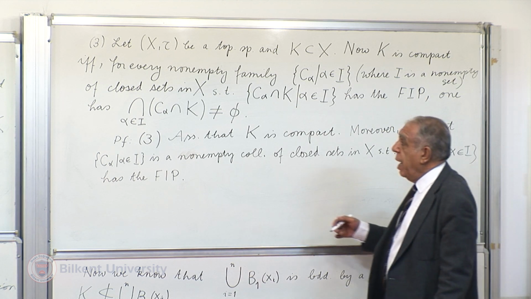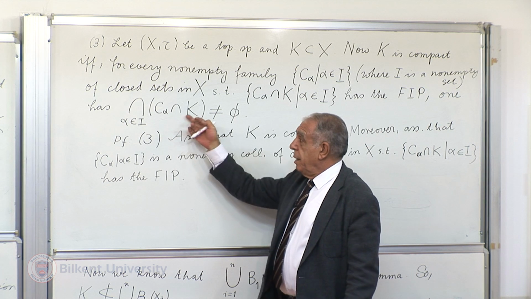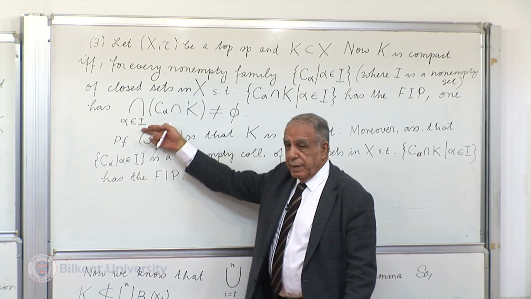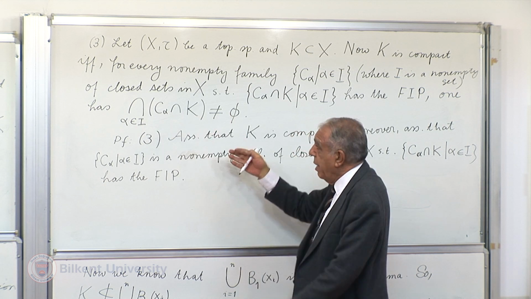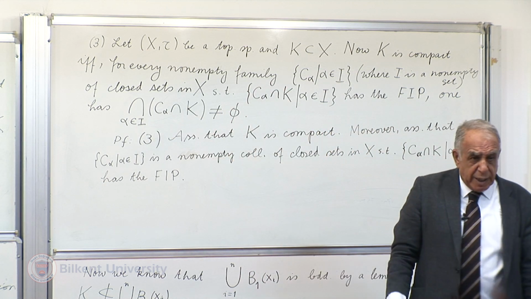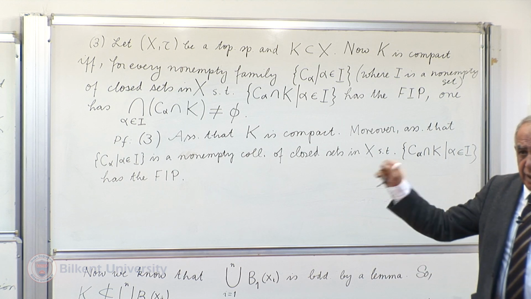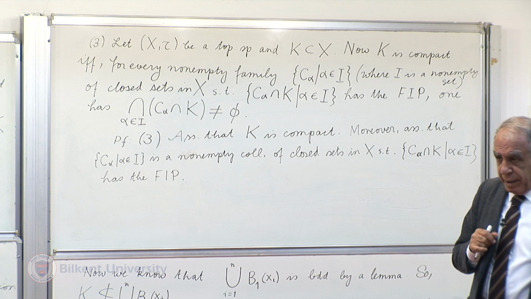Well, if this implies that the intersection of these sets over the entire index set, over the entire family, is non-empty, then the proof of the only if part of this statement will be completed.